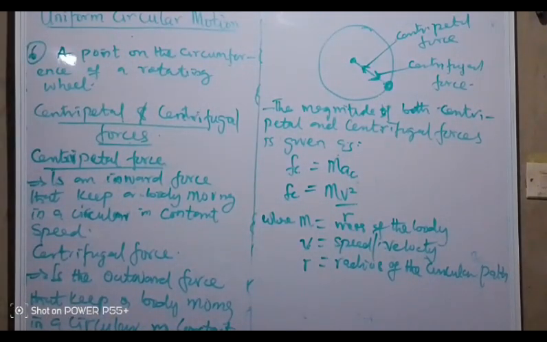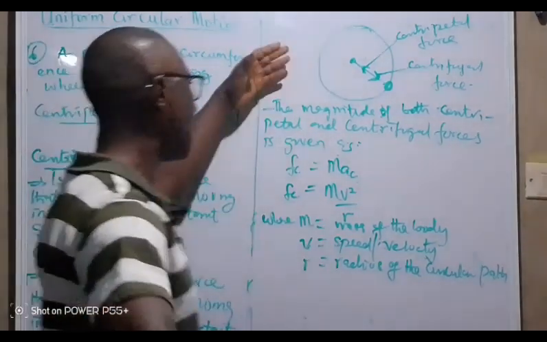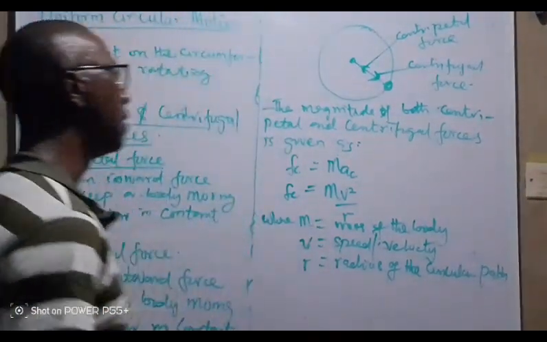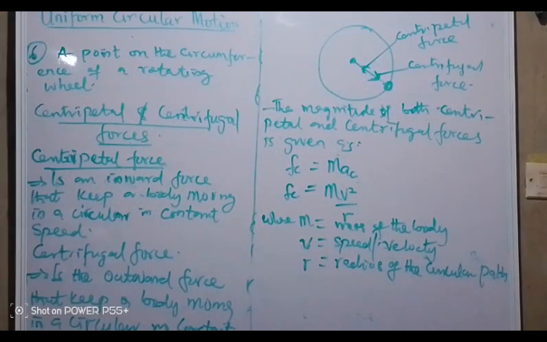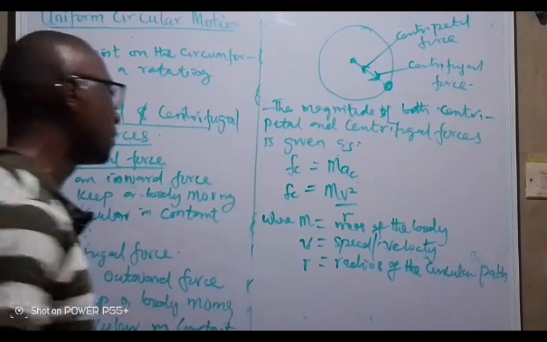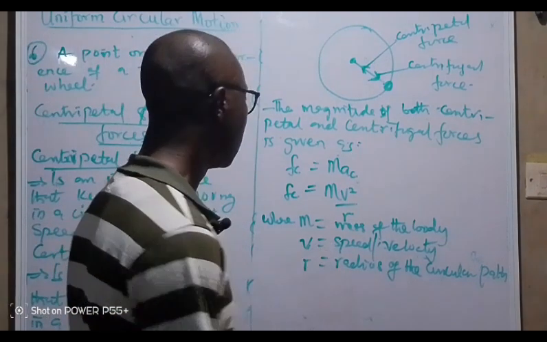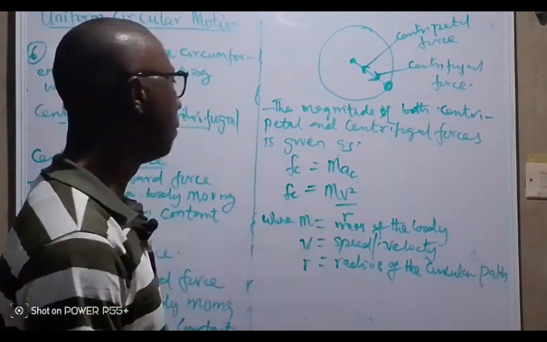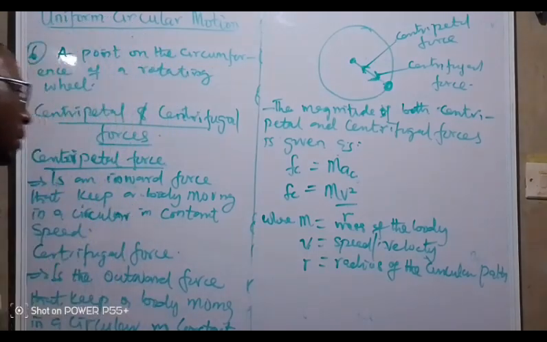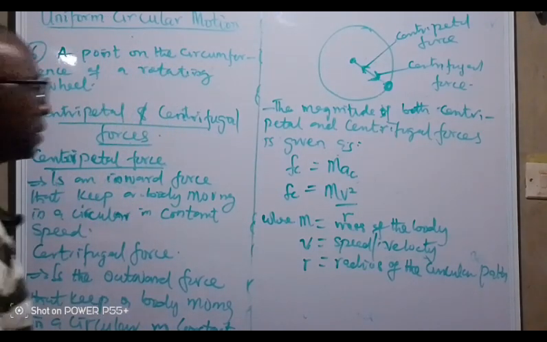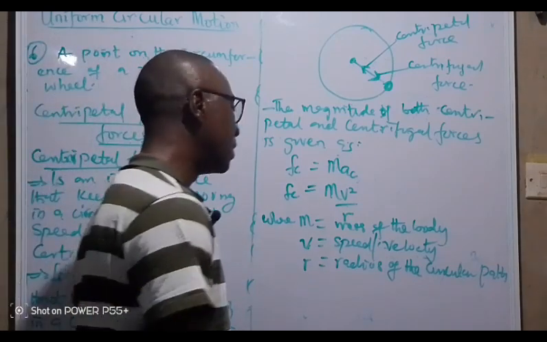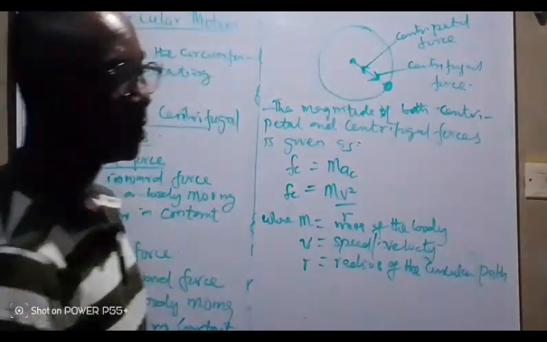And three, the distance from the central part. Don't forget that the magnitude of centripetal and centrifugal force depends on three factors: one, mass of the body; two, velocity or speed of the body; and three, the radius or the distance of the body from the central part.